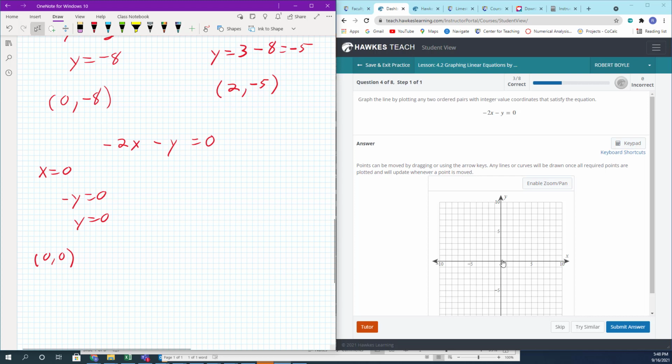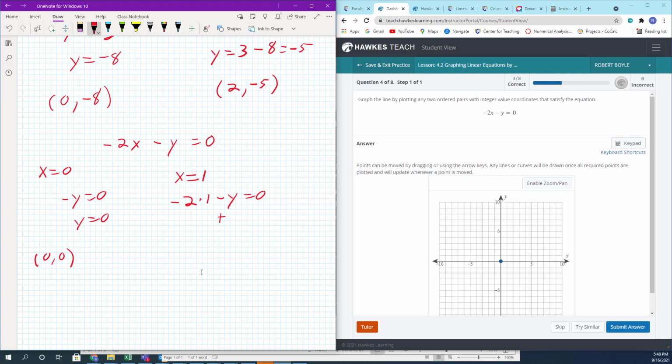And what does that tell us? Well, that basically means that we really can't set y equals 0 because we'll get the exact same pair. So how about if we set x equal to 1? Well, if we set x equal to 1, then we will have -2 times 1 minus y is equal to 0.